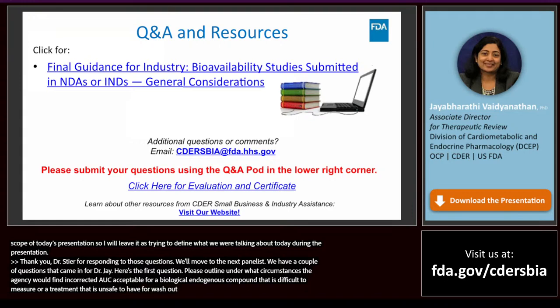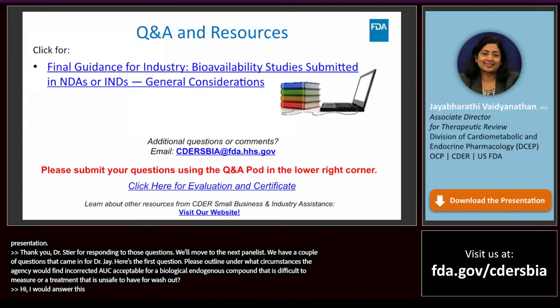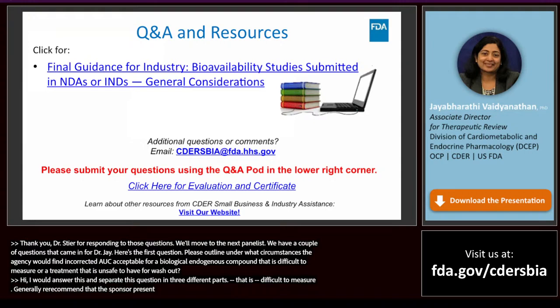Hi, I would separate this question into three different parts. First, under what circumstances would we find uncorrected AUC acceptable for an endogenous compound that is difficult to measure? Generally, as per the guidance, we recommend that the sponsor present both the adjusted and unadjusted PK parameters for bioavailability assessment.